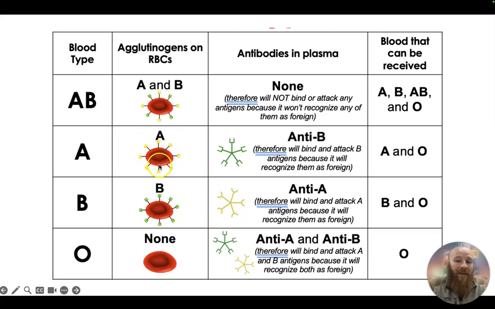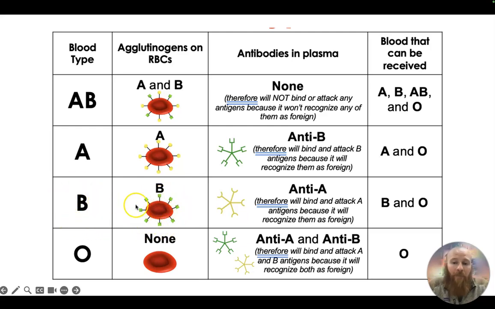And so because you only recognize the A antigens, you are going to create anti-B antibodies. These are antibodies that specifically seek out and attack B antigens because they're not familiar, they're foreign. If you have type B blood, it's just the opposite.